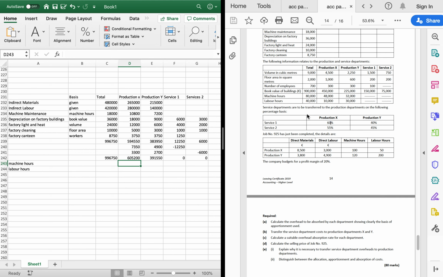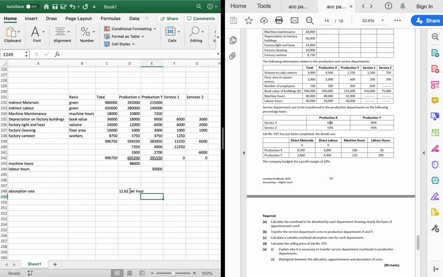So for production X, we're going to use the machine hours, so it's 48,000. And for production Y, we're going to use the labor hours because they're dominant. All we're doing, as you saw in the last few questions, is dividing them in. So the absorption rate is 605,200 divided by 48,000, so 12.61 per machine hour.